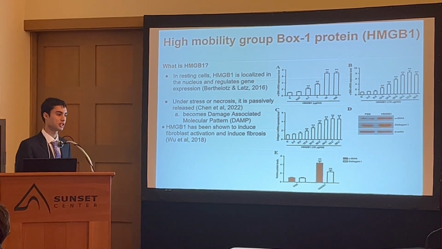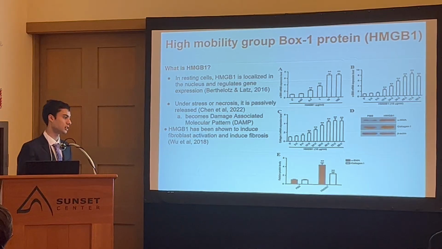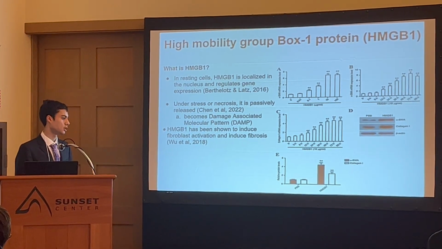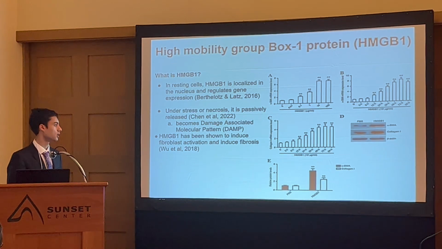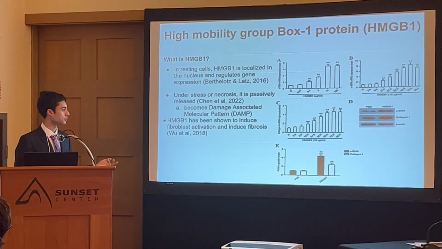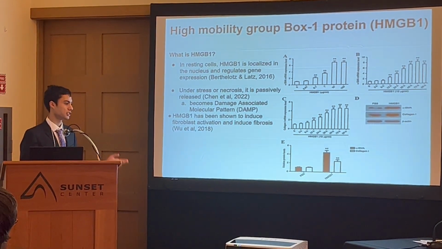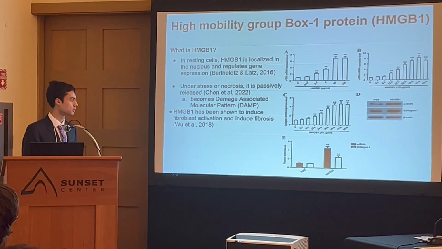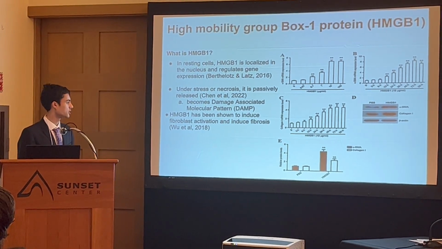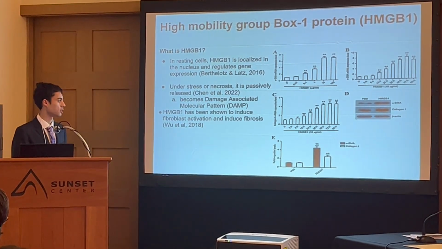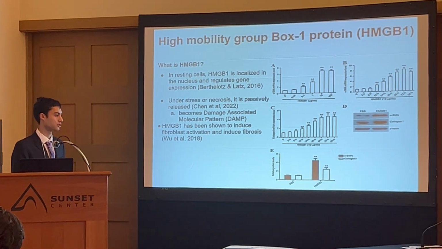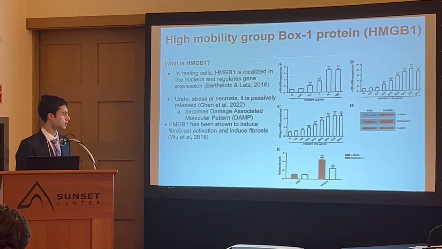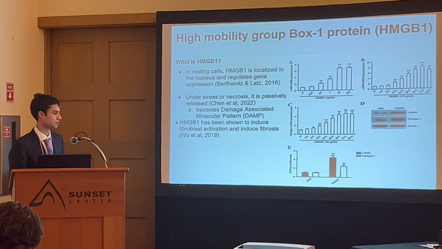So HMGB1 has been associated with a lot of clinical diseases, and I've looked at research papers and seen that some treatments involve administering HMGB1 inhibitors to treat such diseases. For DCM, there haven't been any conclusive data about administering HMGB1 inhibitors, but for other such diseases.